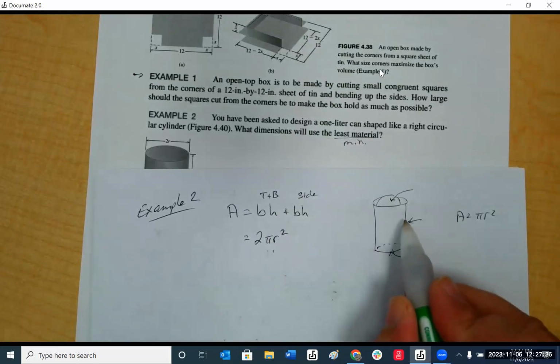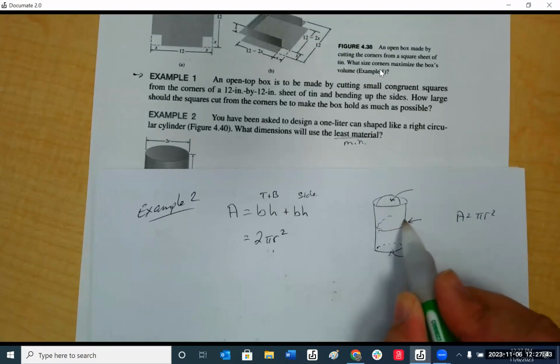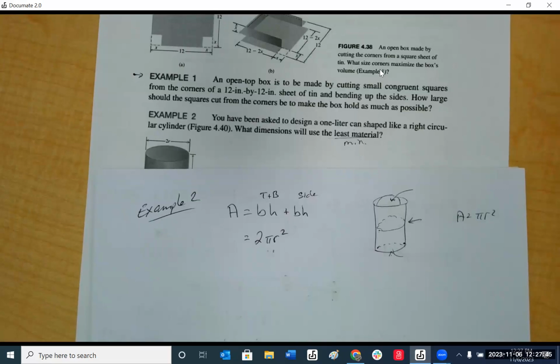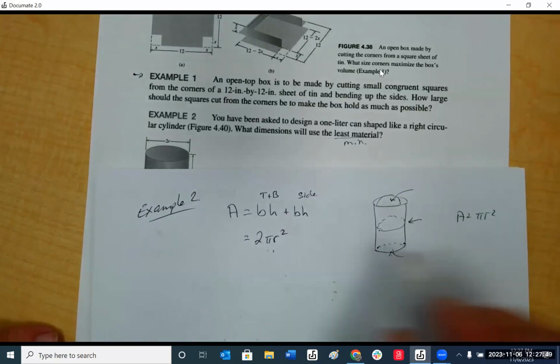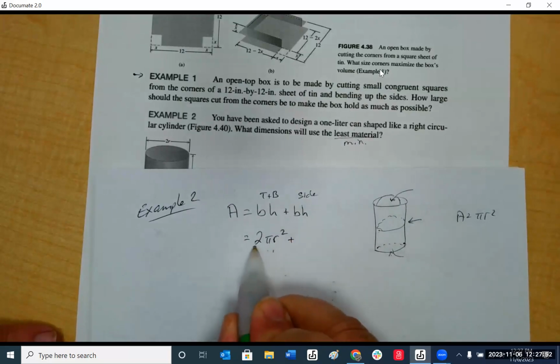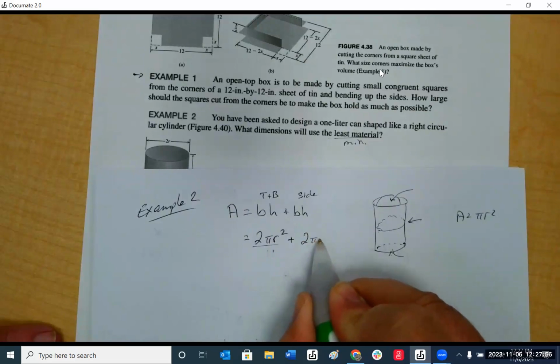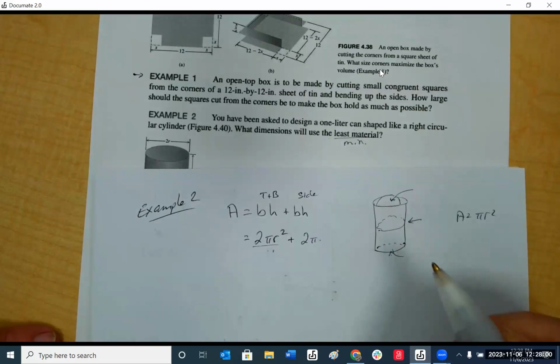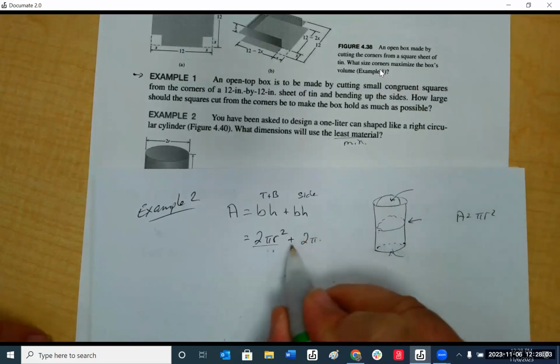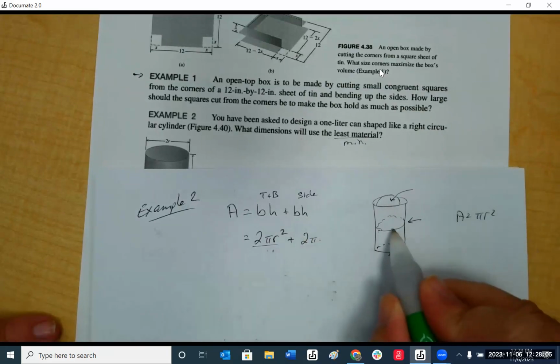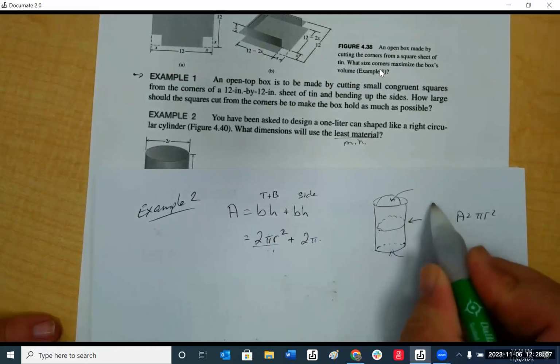And now we're looking for the circumference because we want to know the outside dimension of this thing. So we take the derivative of this. 2 pi r squared, 2 pi r, oh, times the height.